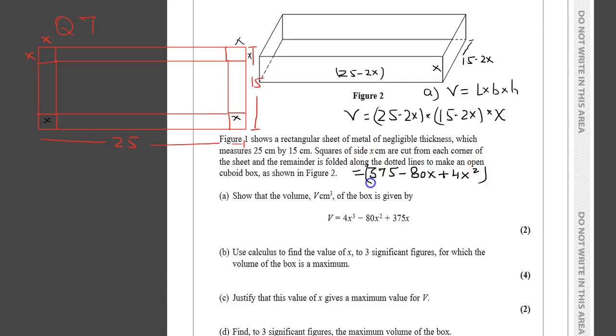This all multiplied by x, so it will be 4x cubed minus 80x square plus 375x, and that is the one we were supposed to prove, that the volume is 4x cubed minus 80x square plus 375x. So this question was of 2 marks.